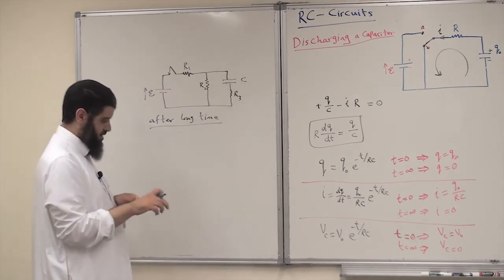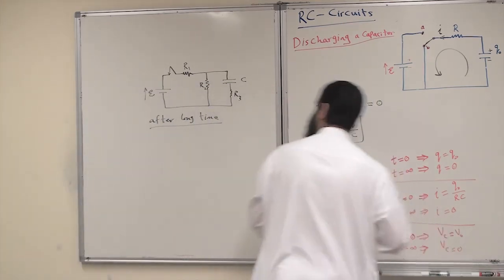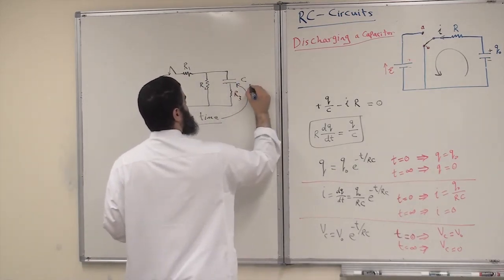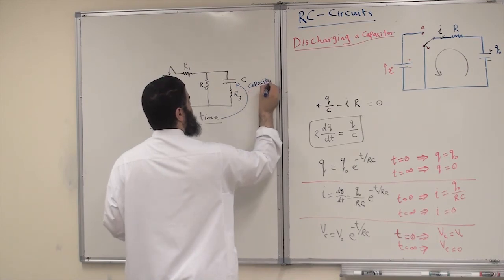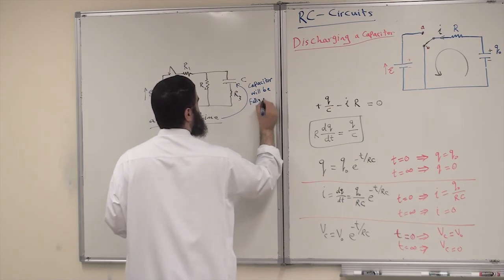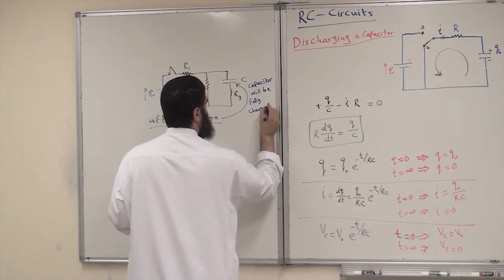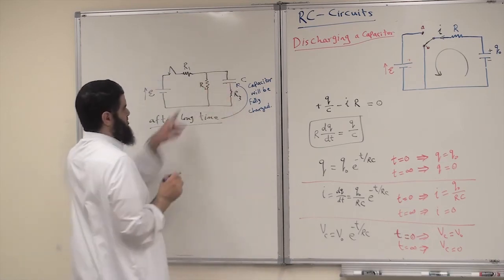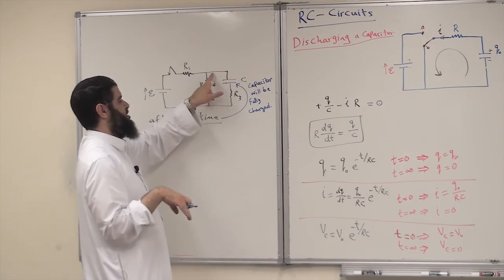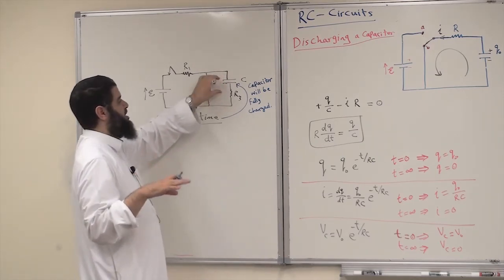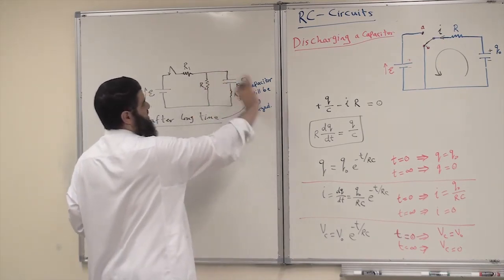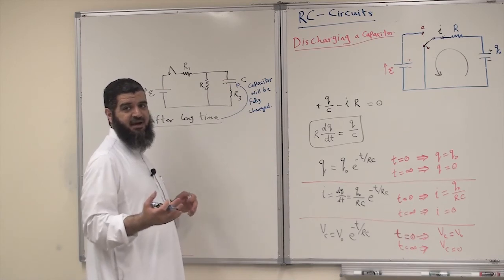This capacitor will be fully charged. So no more current will pass through this branch. At the very beginning, time equals 0, there will be some current, which decreases. After a long time, the current here will be 0. So this branch will act as an open circuit.